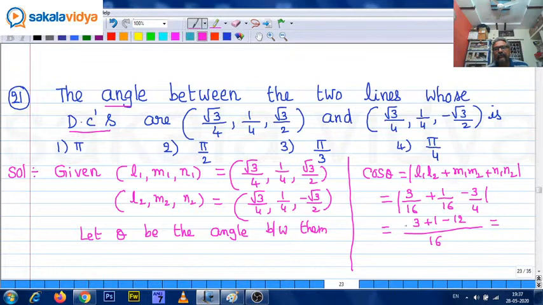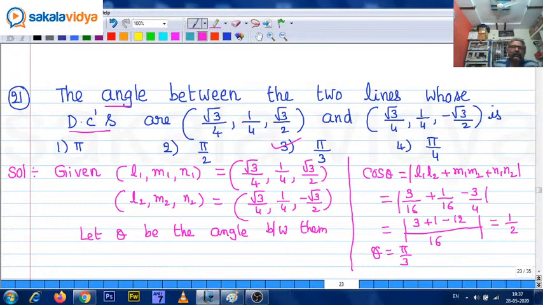This will be 8 by 16, which is 1 by 2. Obviously theta is 60 degrees, pi by 3. So the third option is the right option.